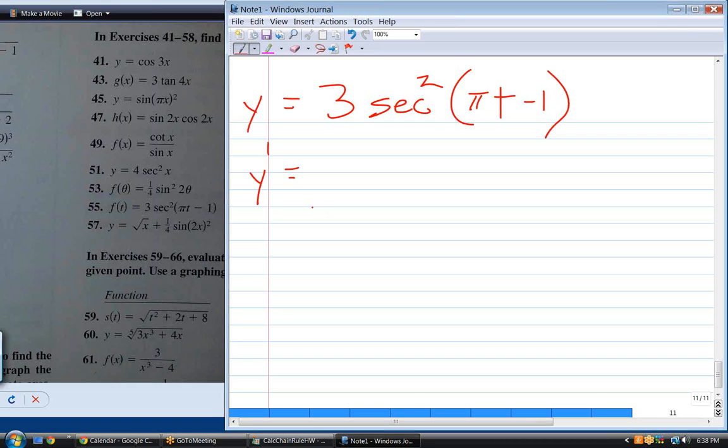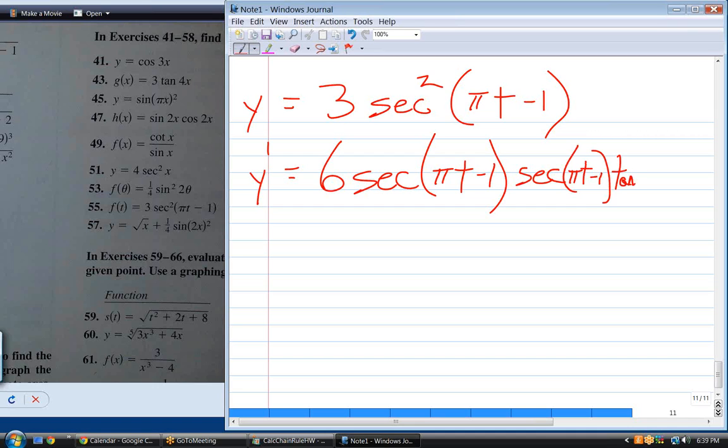So it'd be 6 secant squared of pi t minus 1 times secant tangent. Not secant cotangent, secant tangent. But it's secant of pi t minus 1 times tangent of pi t minus 1.